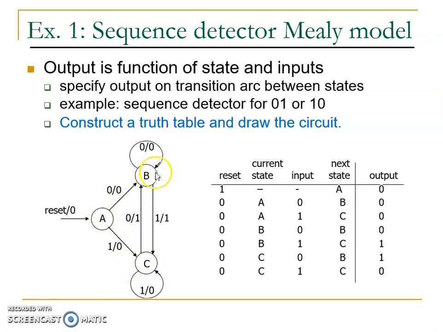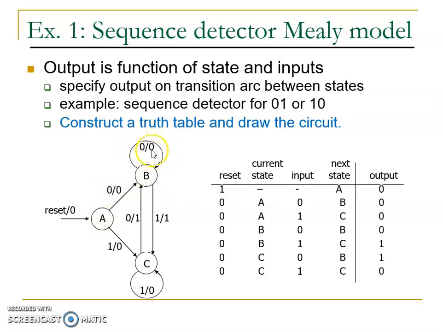And then for state B, input 0 will be next state B, and input 1 will be C. For state C, input 0 will be next state B, and input 1, the next state will be C again. So if we look from state A, 0 input and then another 0, the output will be 0.